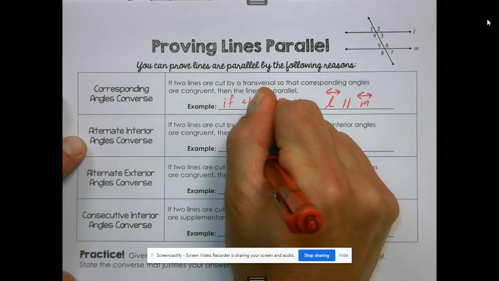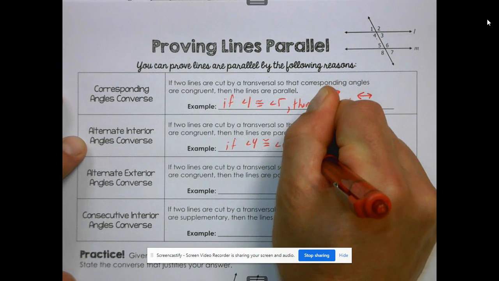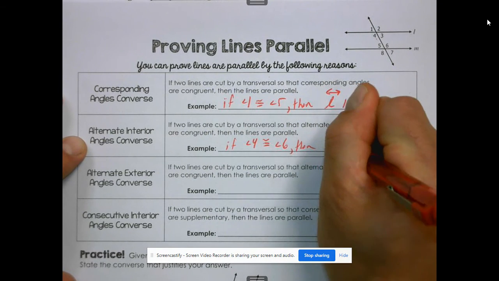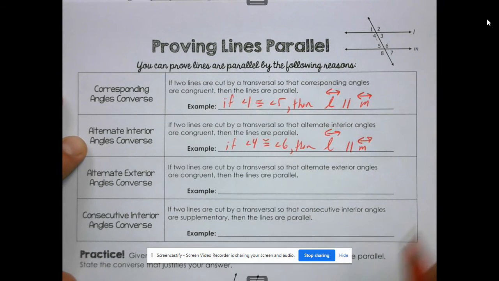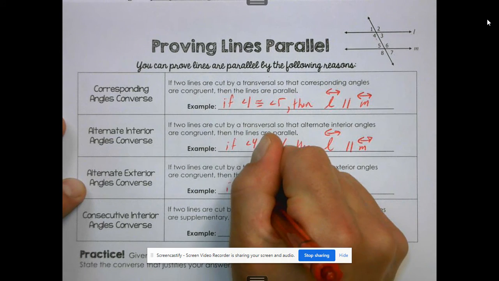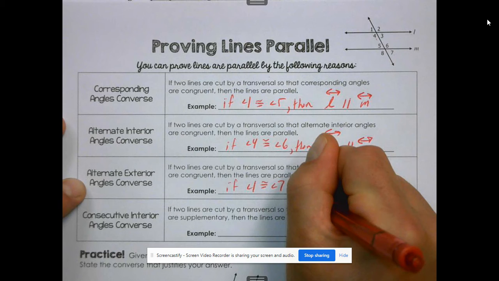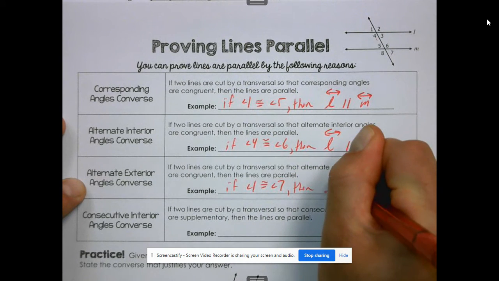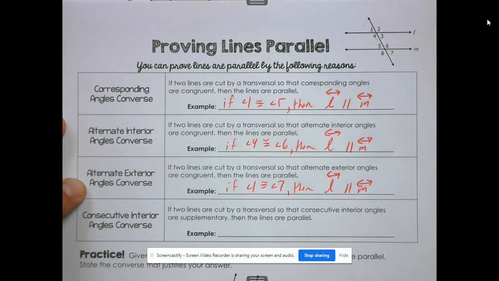If angle 4 is congruent to angle 6, then line L is parallel to line M. Alternate exteriors, let's pick angles 1 and 7. If angle 1 is congruent to angle 7, then line L is parallel to line M.